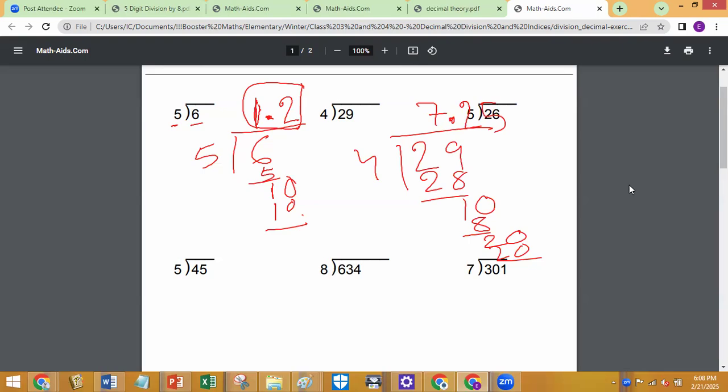Likewise, you have 8 into 634. So if you were to do it, 634 divided by 8. So 8 goes into 63 7 times, because 8 times 8 is 64. So 8 times 7 is 56. And so 63 minus 56 is 7.